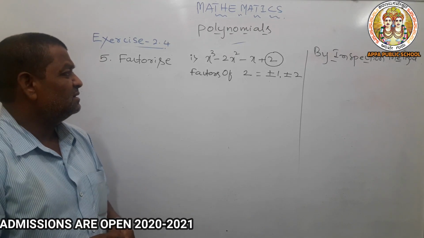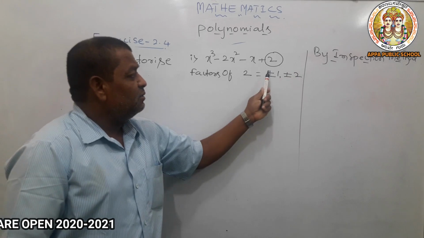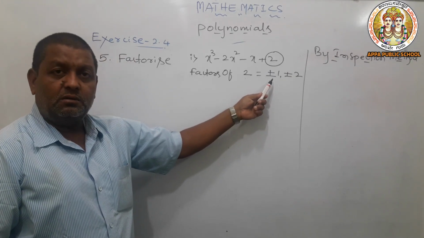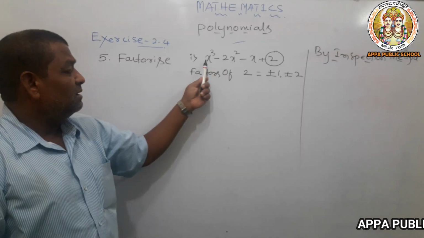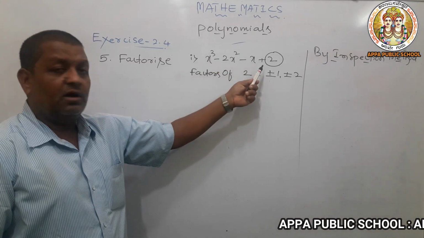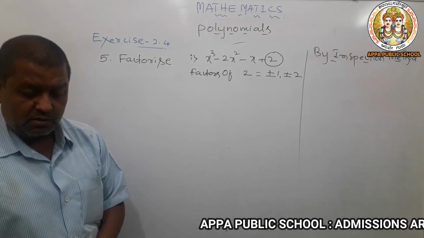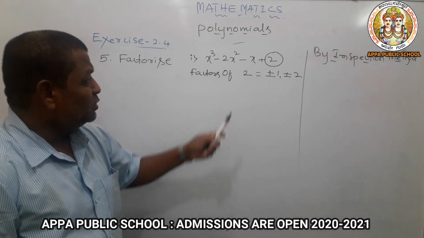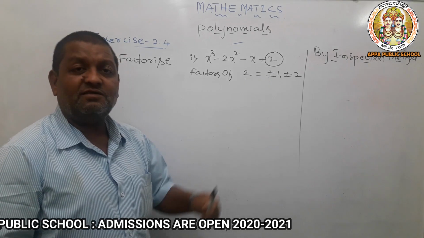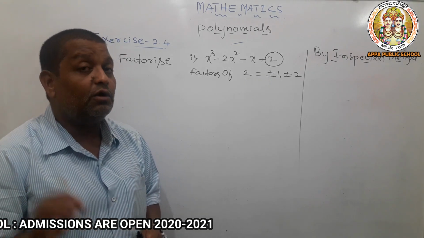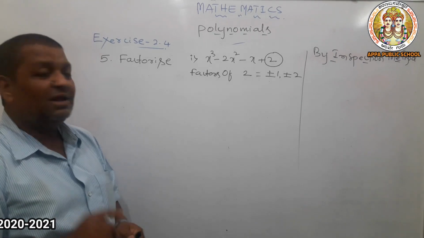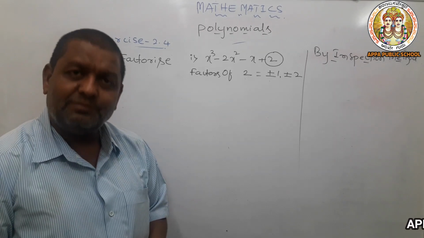What is next? By inspection method we need to check whether plus 1 or minus 1 will make the given polynomial 0 or not. It means, as we already taught, we need to check whether plus or minus 1 is a zero of the polynomial or not. A zero of the polynomial is a value for which the polynomial becomes 0.